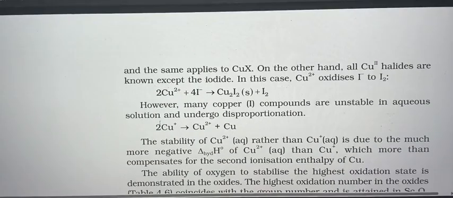Then again they're telling Cu plus is undergoing disproportionation reaction and forming Cu +2 and Cu. Why is that? Generally it is not stable. Whenever you take any aqueous solution, if you're considering copper plus, it is a disproportionation reaction, meaning when one element is having at least 3 oxidation states in one particular reaction, it will undergo reduction also, oxidation also. So here it has lost one more electron, got oxidized.